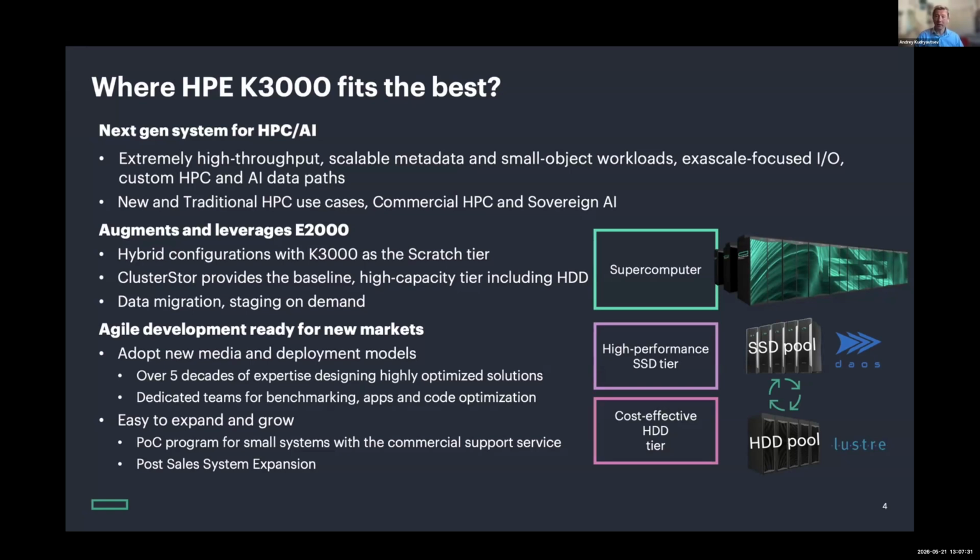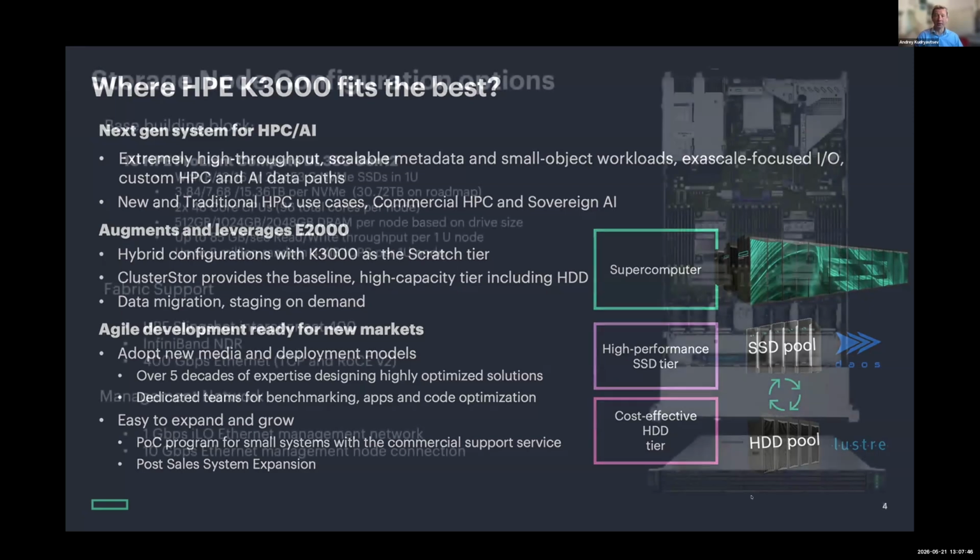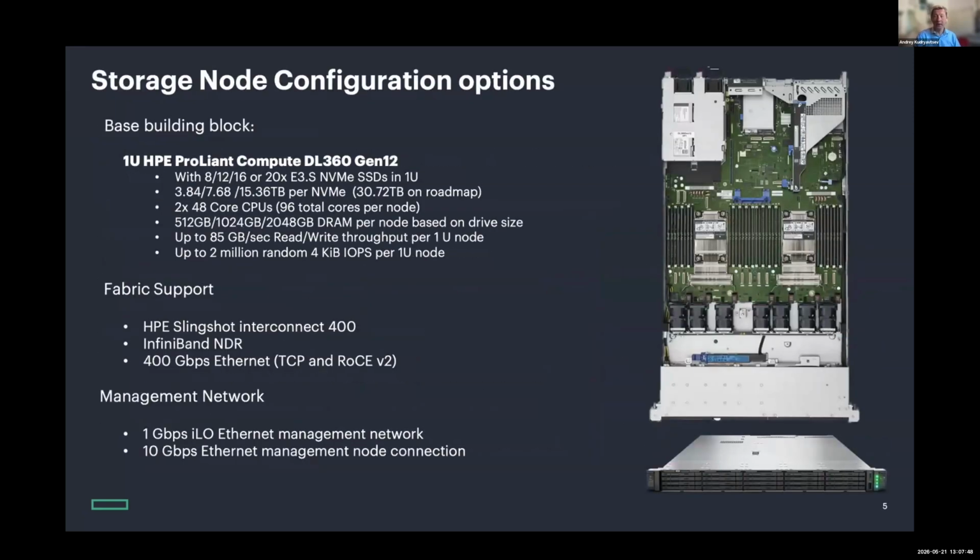And the K3000 system itself is designed so that you can start small. We can provide you with support services for small proof of concept configurations, and you can expand to larger systems. And that's fairly typical for HPE as well, to support such deals.